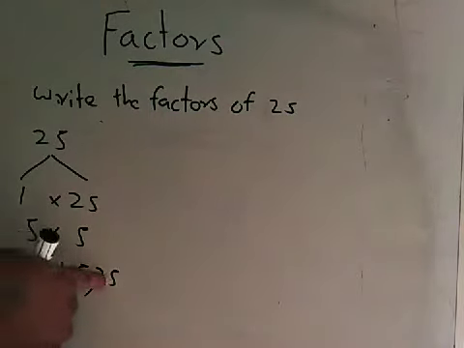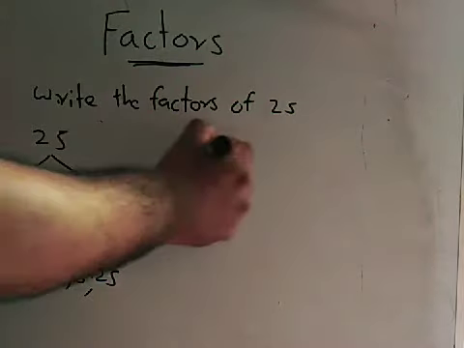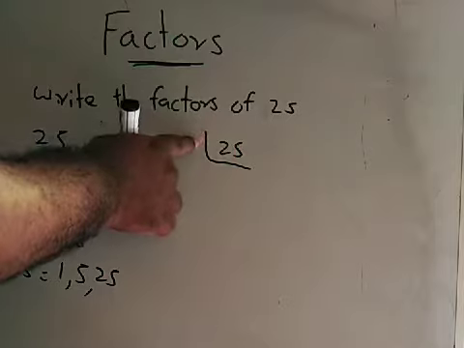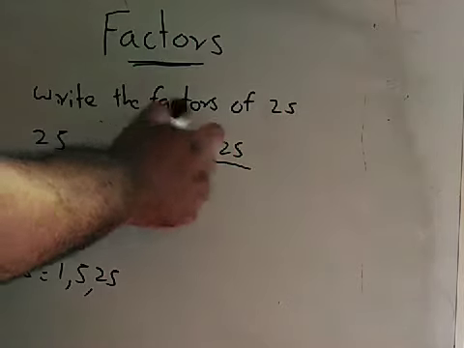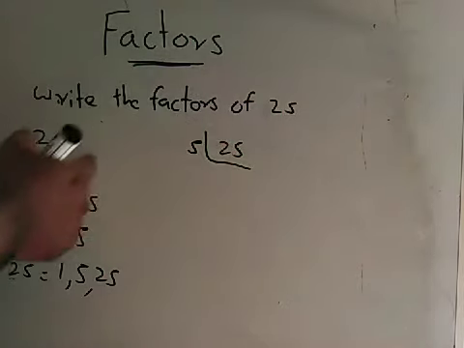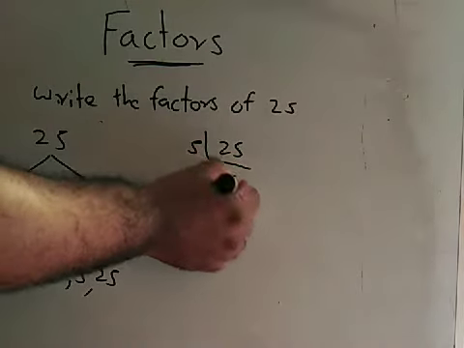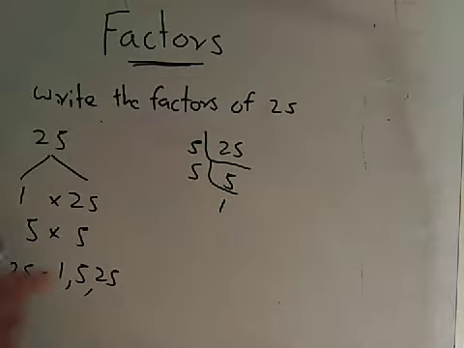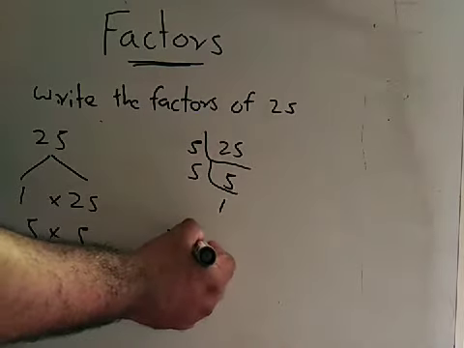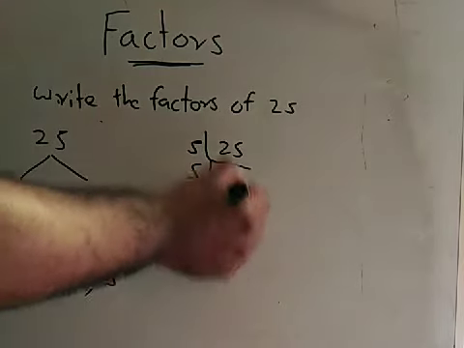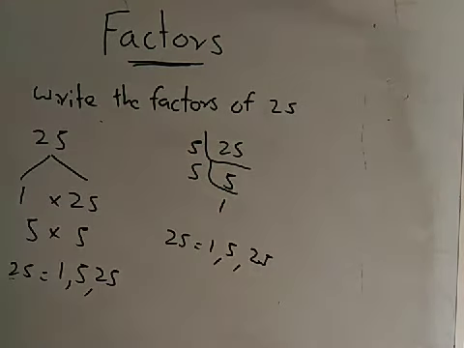There are three factors. With the division method, 25 can't be divided by 2 or 3, only by 5. 25 divided by 5 is 5, and 5 divided by 5 is 1. So the factors of 25 are 1, 5 and 25.